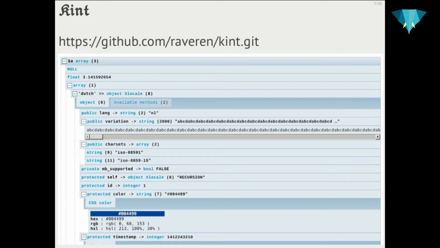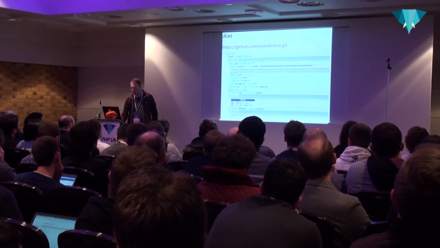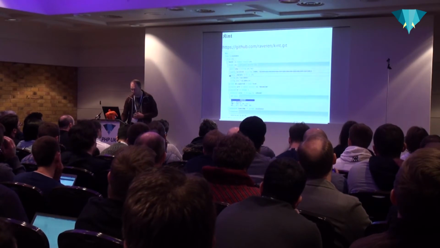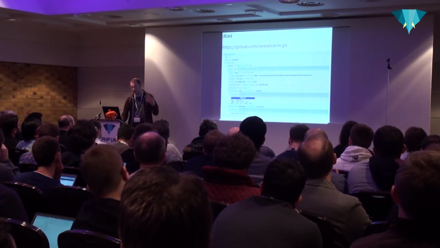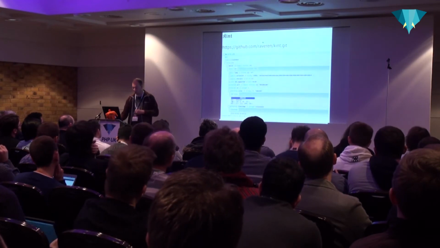So in this case, there's a protected property called color, and it says 004499. Again, I cannot read that information because I don't really know what it says, but it shows you the color and hexadecimal things. And again, it does similar things for timestamp, which is kind of cool.